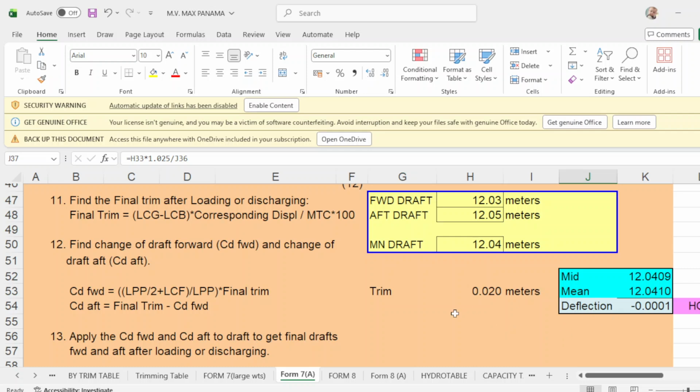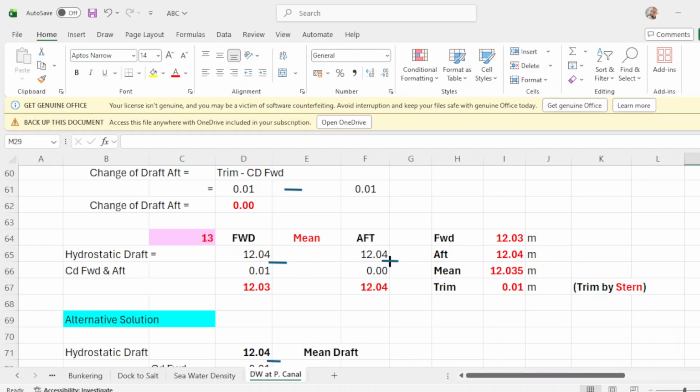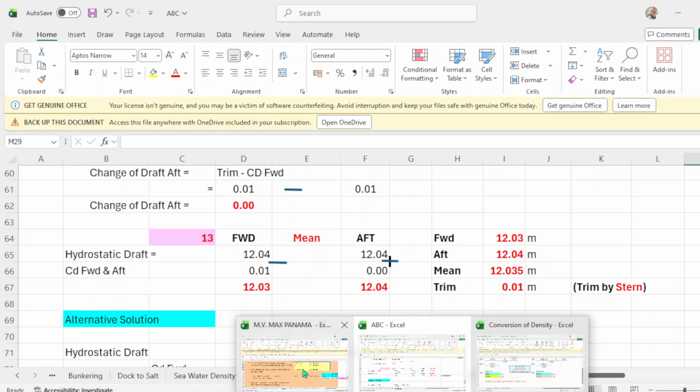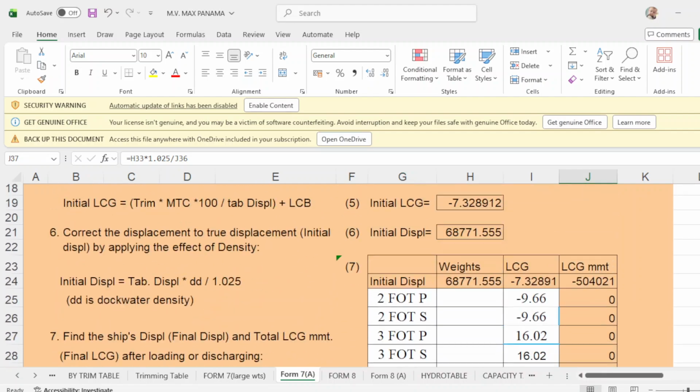Totally, the overall assessment is that they're all the same with your manual computation and your program. See, it is much easier by using this program.